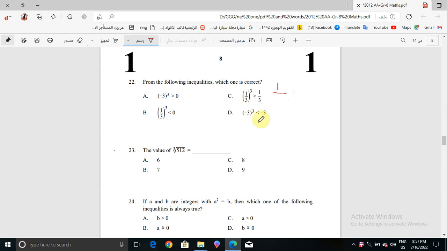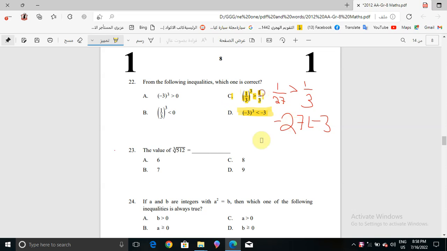So 1 over 27, right, is greater than 1 over 3, and yes, this one is correct. Okay, in choice D, what we have here, negative 3 cube, that means it will be negative 27, right? Is less than negative 3, yes, it's correct. So that means we have two answers in this question, choice C and choice D also.